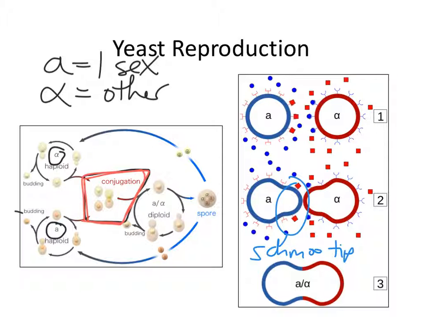I'm sure there's a history page somewhere that describes who named it and why it's called a shmoo tip. But that's the sign that yeast have starved and that these two cells that are shmooing are haploid. They're essentially gametes, and they're trying to find a yeast cell of the opposite mating type, the opposite sex, to fuse with, to once again produce a diploid offspring, or a diploid individual anyway. Not really offspring.